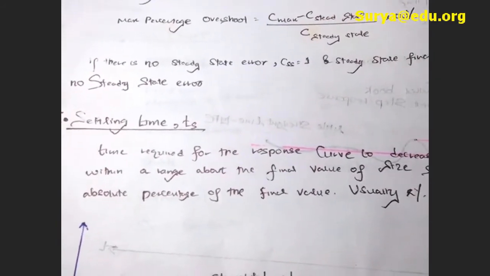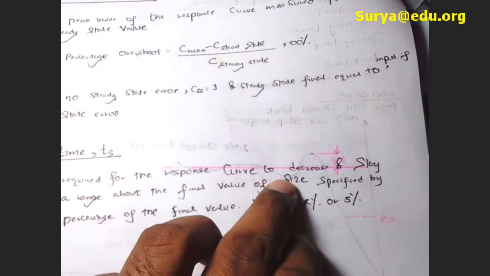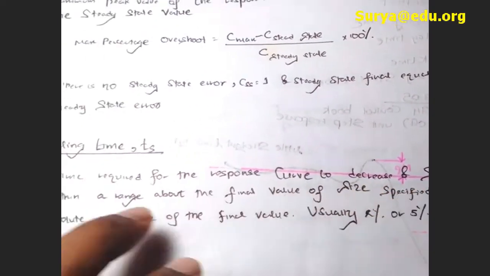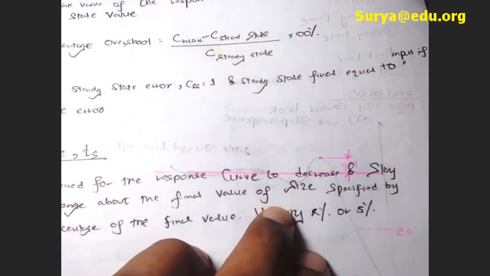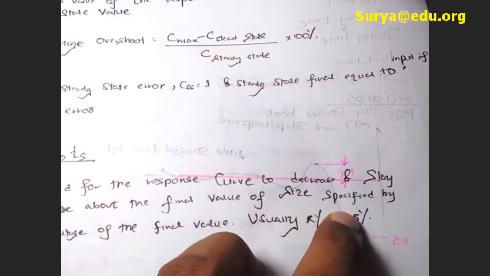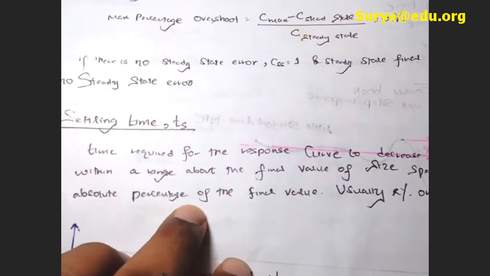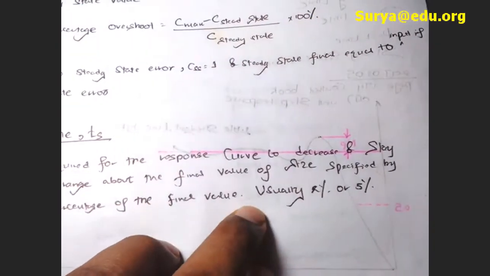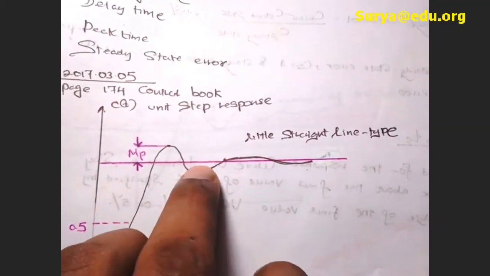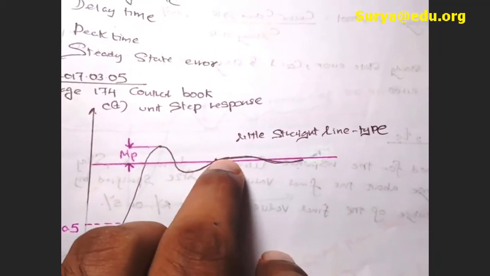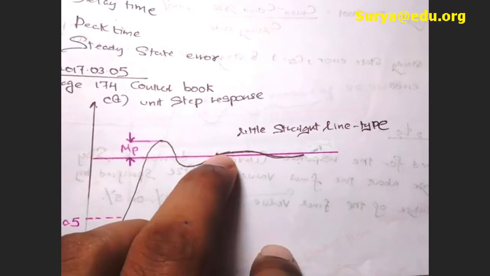Then settling time: the time required for the response curve to decrease and stay within a range about the final value, of a size specified by an absolute percentage of the final value, usually 2% or 5%. It is the time taken for it to settle within that range.